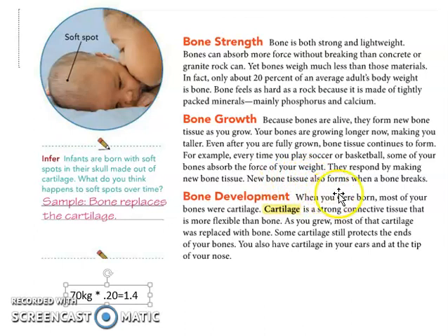New bone tissue is also formed when our bone is broken. Remember, when some people have a fracture, the doctor just puts on a cast and then waits until the bone mends or becomes okay.